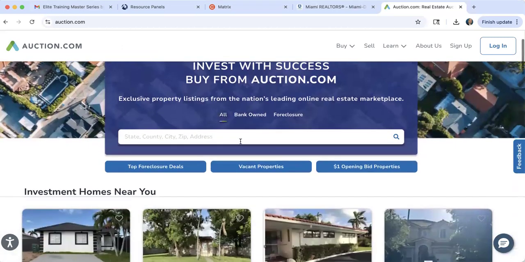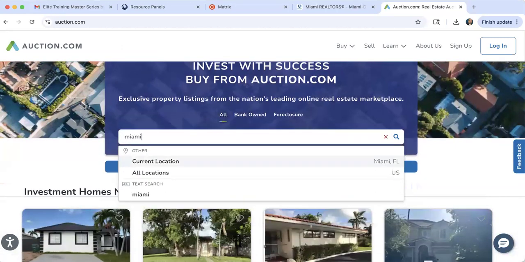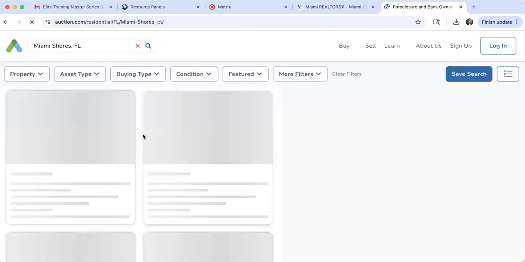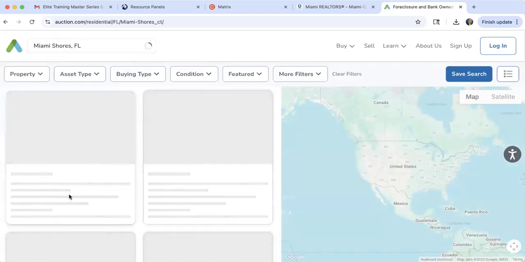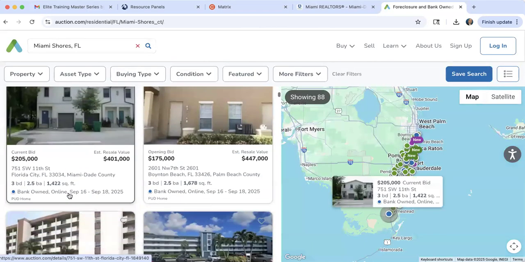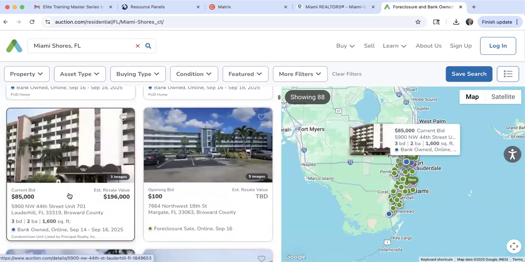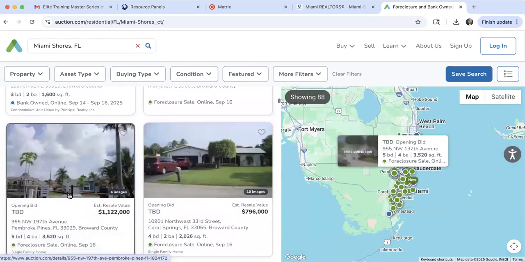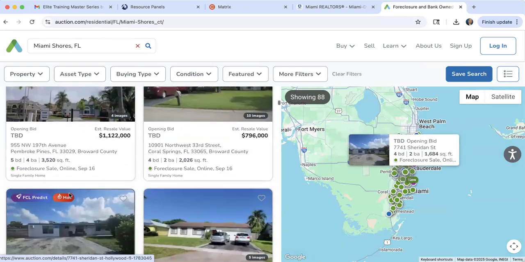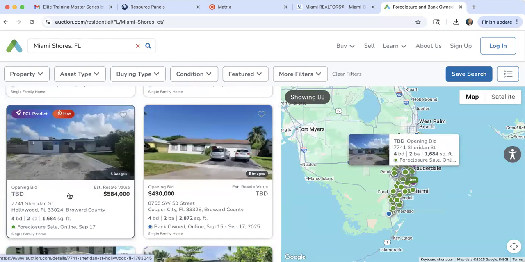So you can come over here, put in Miami, see what's in Miami. And then there's all these different foreclosure properties or these auction properties that are being sold through auction.com. And once again, there is going to be a minimum deposit required. And then, of course, there's going to be bidding on the property, and it's done like any other auction. You need to outbid everyone else in order to take the property.